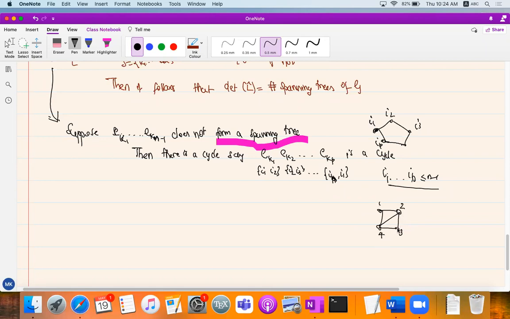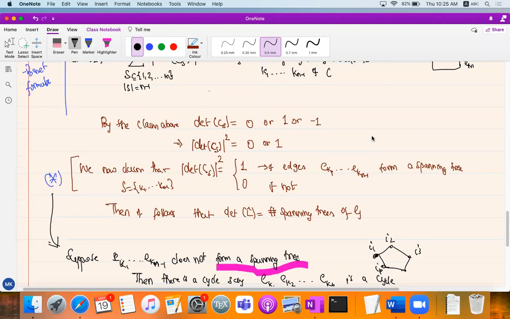Well, I say that if it's not a spanning tree, there has to be a cycle. So here, for 4 vertices, we are supposed to take 3 edges. Am I right? Yes. You agree? Yeah, I do. So that's the point to be convinced of, that you will form a cycle somewhere.